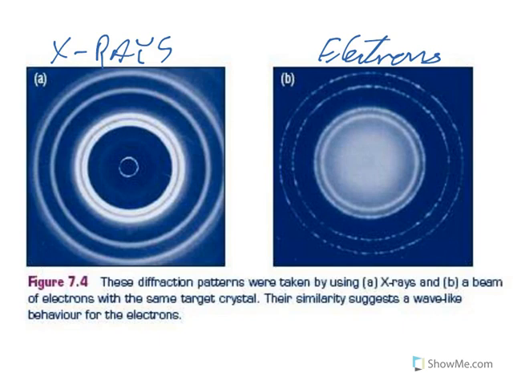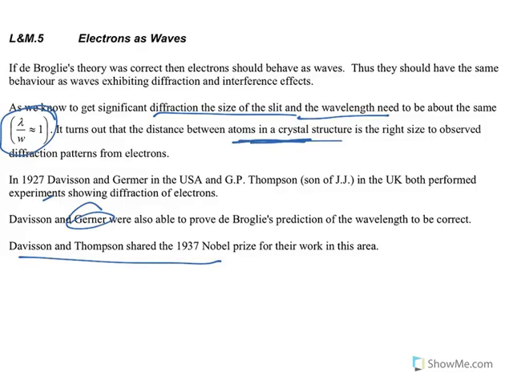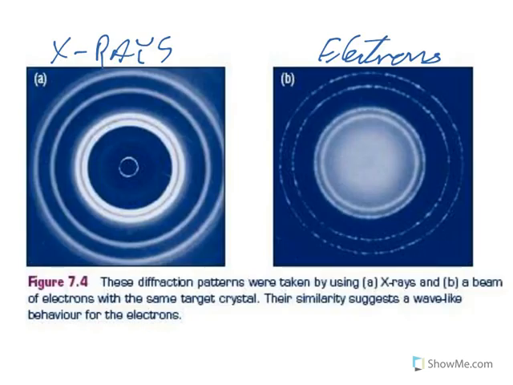You can see with the X-rays, because they've got a much smaller wavelength, that ratio, wavelength over slit width, is quite small, less than 1, and so we get significant diffraction, whereas the electron wavelength is not quite as small.